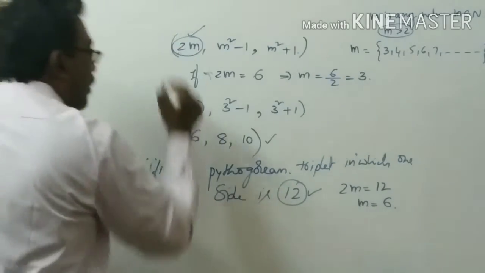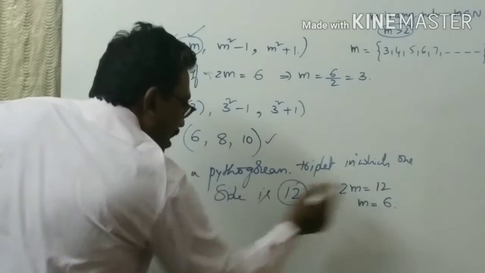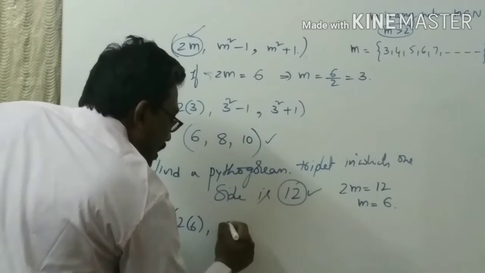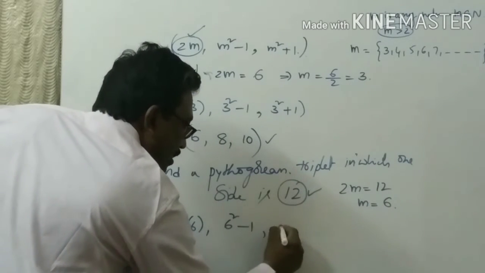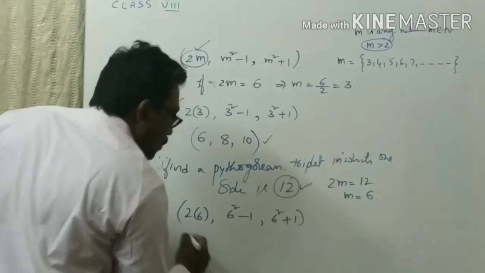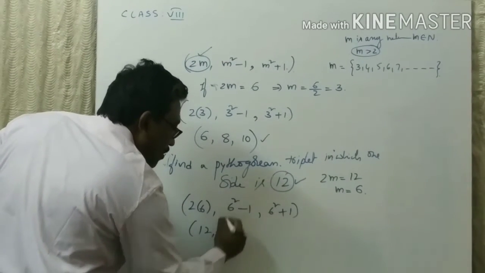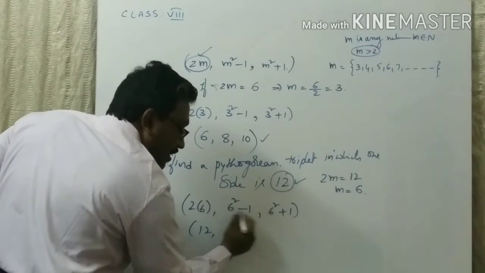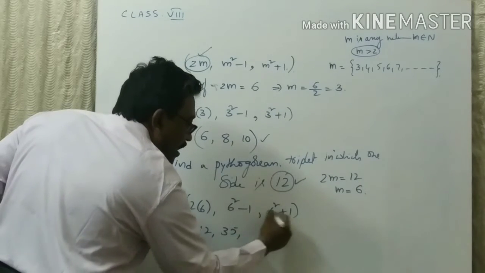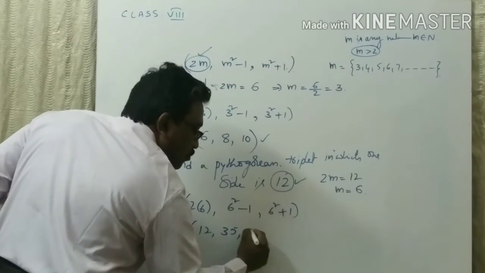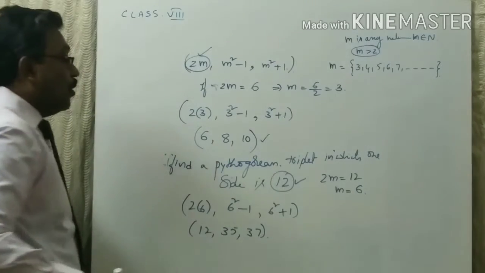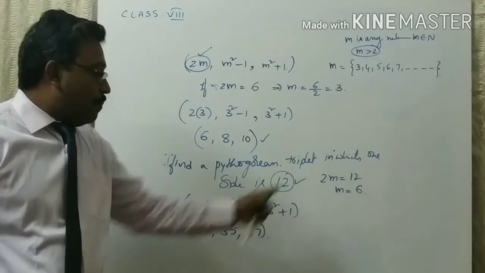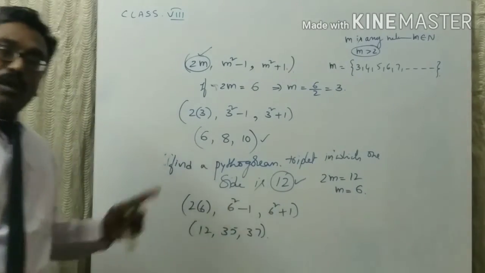Now substitute m as 6: 2 sixes are 12; 6 square minus 1 is 36 minus 1, 35; 6 square plus 1 is 37. So we found a Pythagorean triplet whose one side is 12.